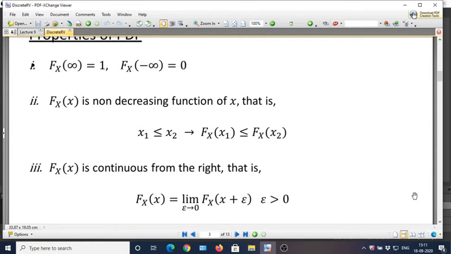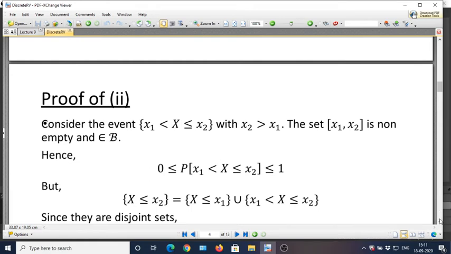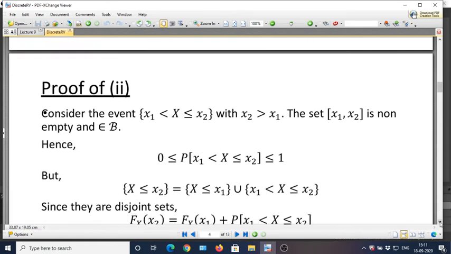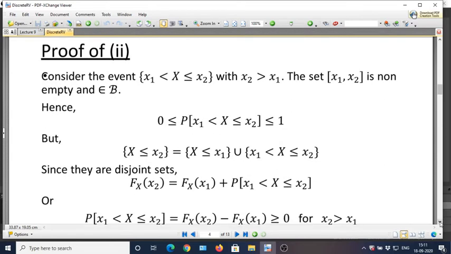So next we will move on to looking at what is the implication of these properties. First, let us look at an interval of the form: the capital X, the random variable, taking values between two given values x1 and x2, such that small x1 is less than x less than or equal to x2.